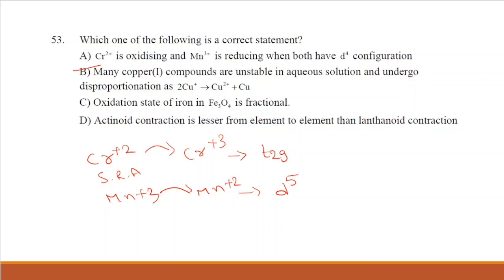So though both have the same d4 configuration, Cr plus 2 wants to attain half filled t2g, Mn plus 3 tries to attain half filled d5 configuration, and hence Mn plus 3 is a strong oxidizing agent. They have given it in a reverse way, so option A is wrong. Now let's check option B.